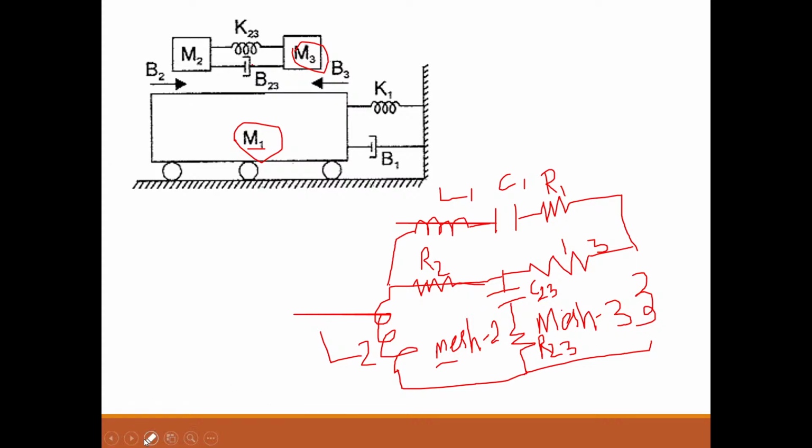I have already drawn the inductor, I will just join it. So this is mesh 3, L3. This is R3.